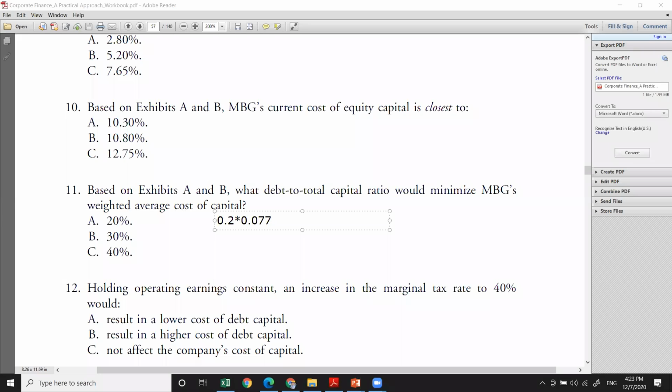So the proportion of debt was 20% times the tax adjustment, which is 0.65, plus the proportion of equity times the cost of equity, 0.1215. Everything is given: cost of equity, tax rate, cost of debt. So it is 11% if we calculate.